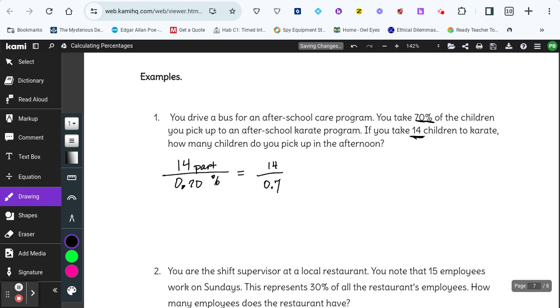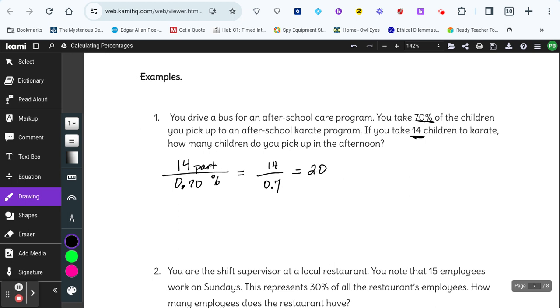And let's take a look at it. Get back to my calculator. 14 divided by 0.7, and that's going to be 20.